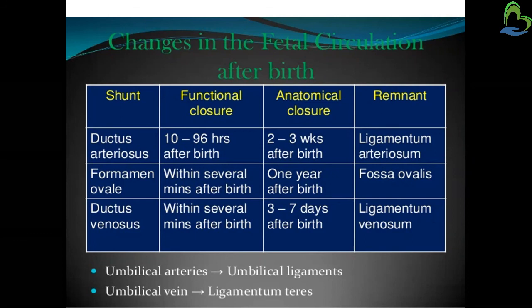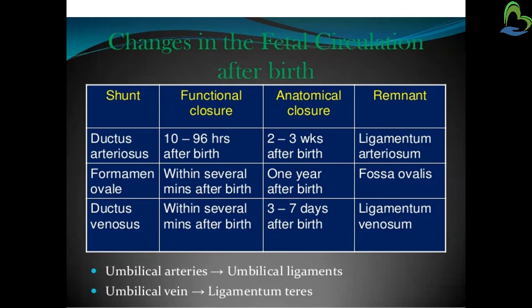Then anatomical closure of these three structures is 2 to 3 weeks after birth for the ductus arteriosus, 3 to 7 days after birth for the ductus venosus, and 1 year after the birth of the baby for the foramen ovale. So this is the maximum time a structure takes for anatomical closure.